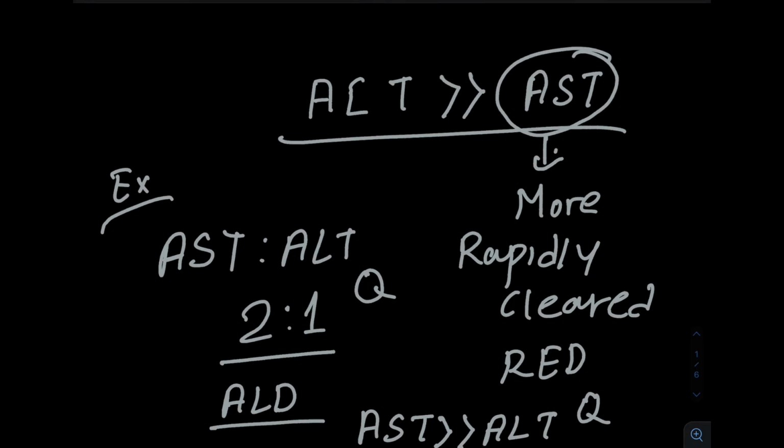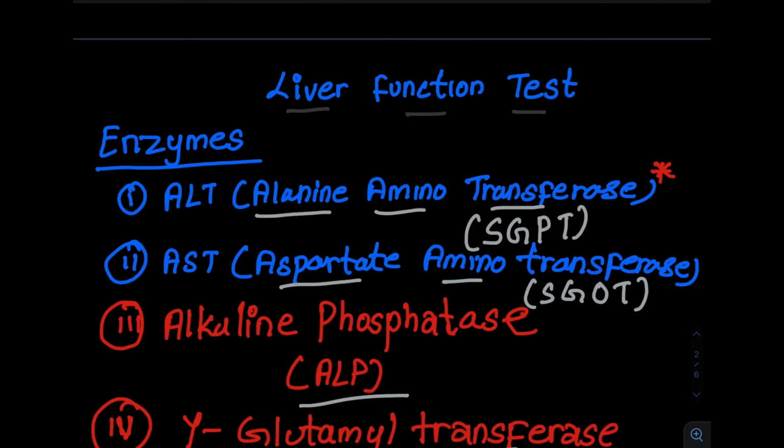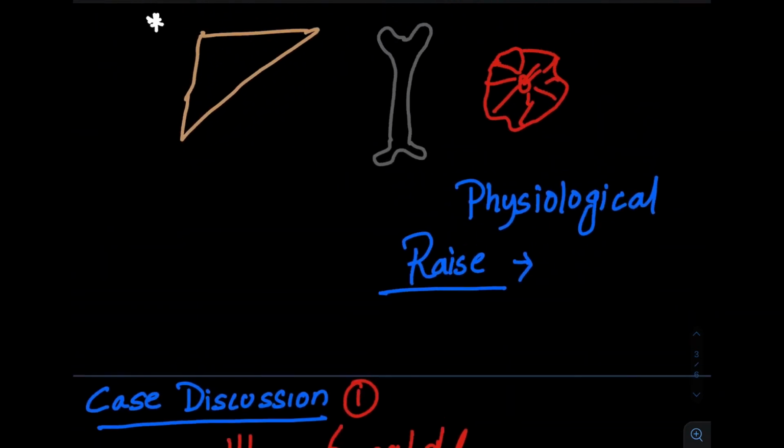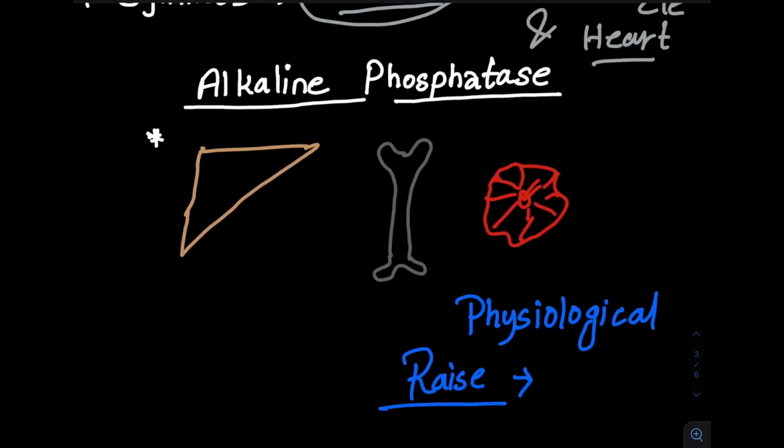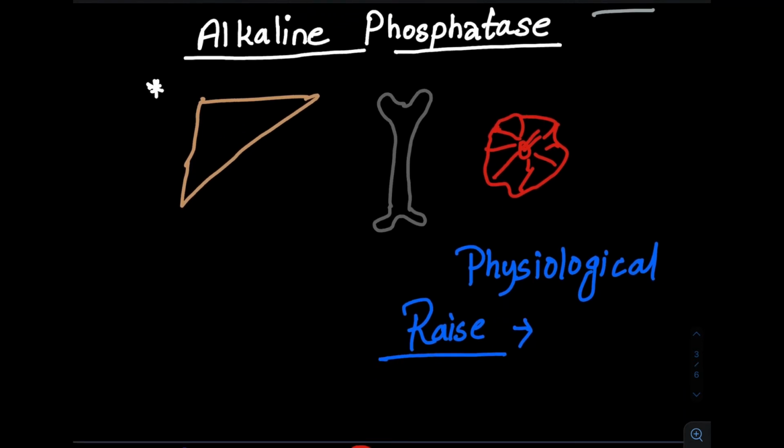After ALT and AST, we will discuss the other enzyme known as alkaline phosphatase. As we discussed before, it is usually raised in biliary system pathology. Alkaline phosphatase is synthesized not only by the liver but also by other important structures such as bone and placenta.